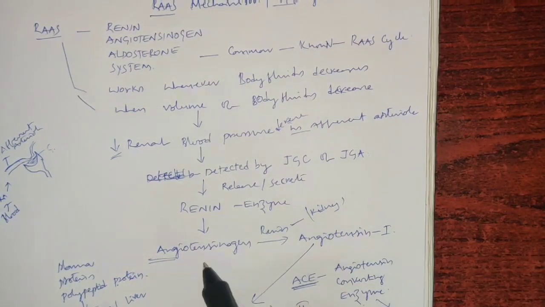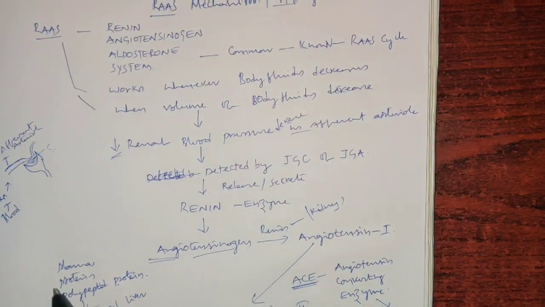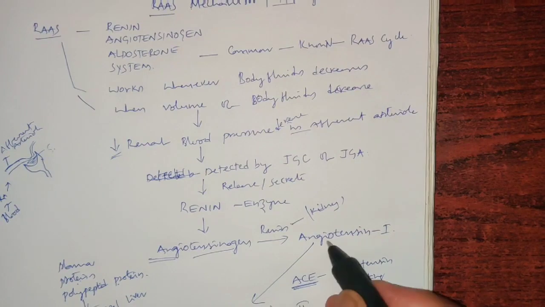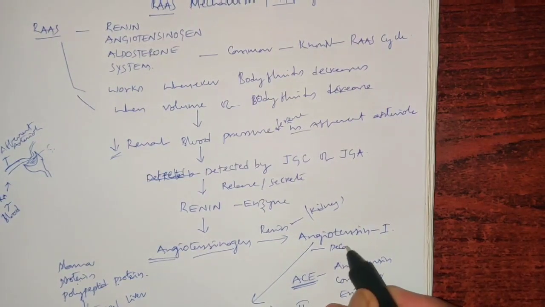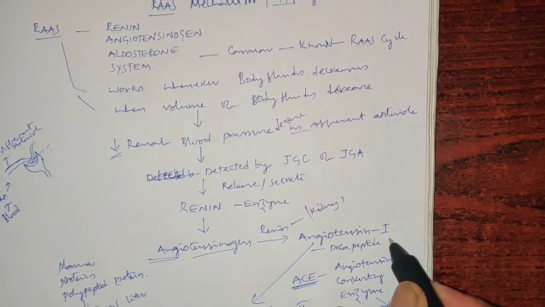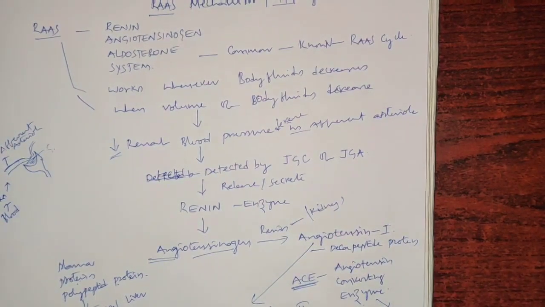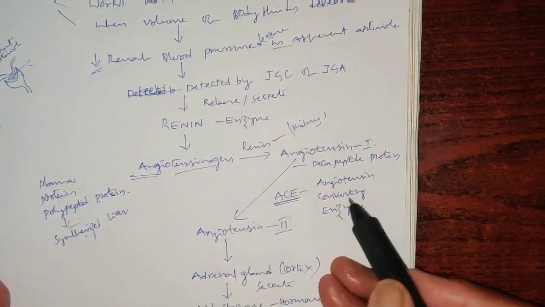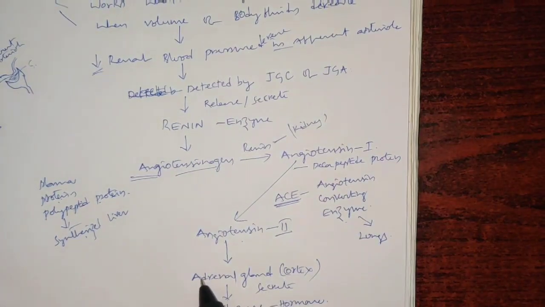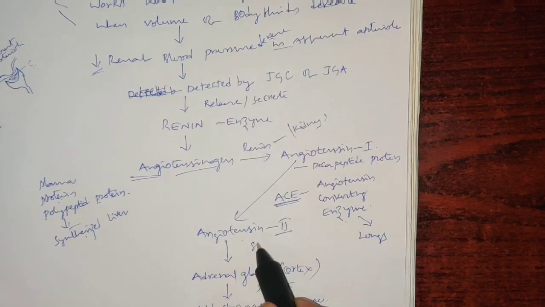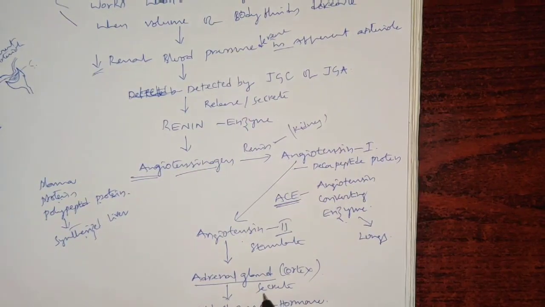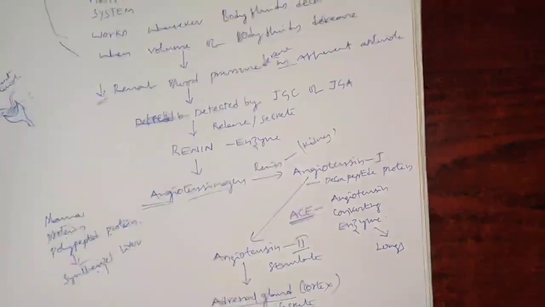This renin enzyme acts on angiotensinogen, a plasma protein synthesized in the liver cells. It is a polypeptide protein that is converted into angiotensin 1, which is a decapeptide. Now angiotensin 1 is converted to angiotensin 2 with the help of angiotensin converting enzyme, and then angiotensin 2 stimulates the cortex of the adrenal gland to secrete aldosterone hormone.